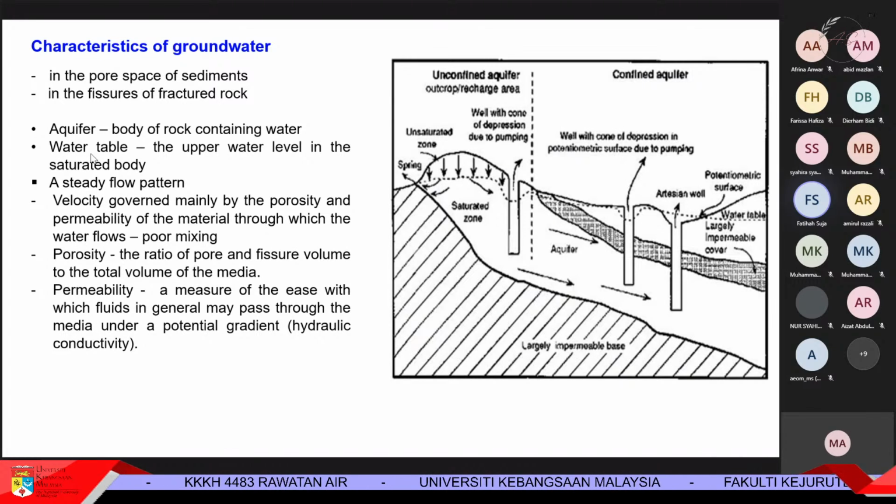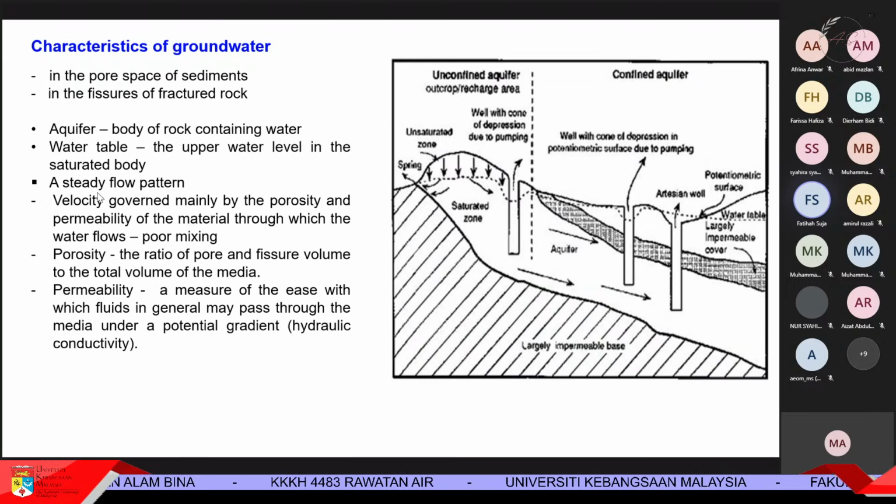Okay, and also typically groundwater has a very steady flow pattern, because the velocity in the groundwater is governed mainly by the porosity and permeability of the material. So porosity and permeability of the material is fixed, usually depending on the location.